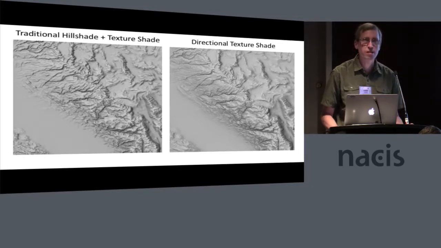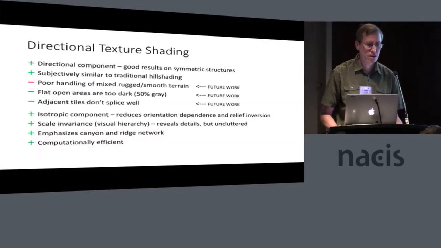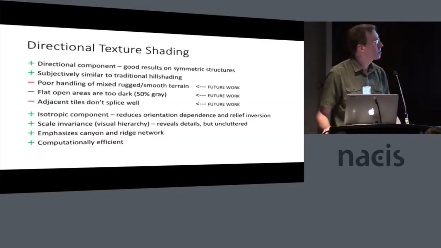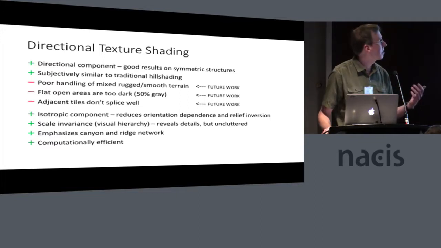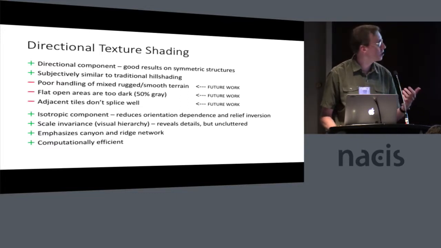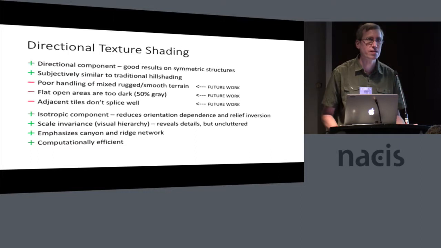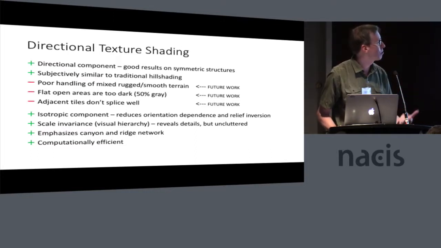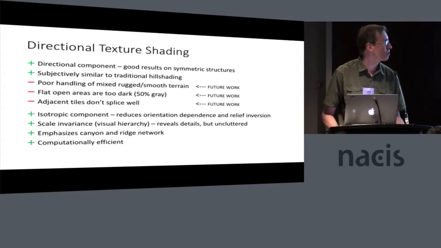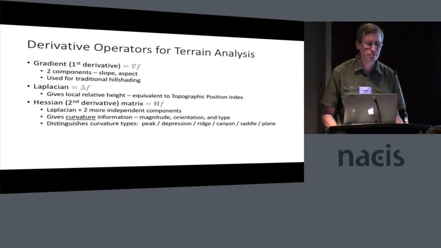So, and then this is what you get when you add the texture shading layer to the two. All right. So hopefully the directional texture shading has now succeeded in turning those first two into positives, while retaining the original benefits. And I hope to do some future work on resolving some of the other issues.